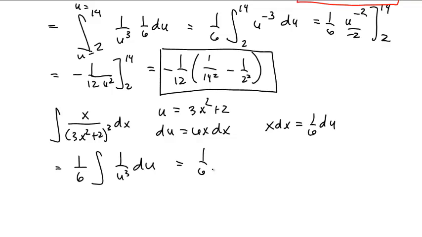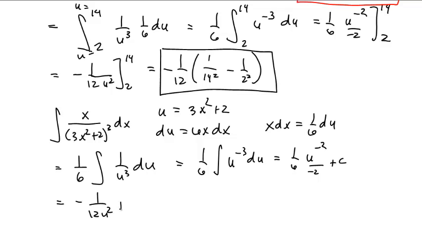So again, this is 1/6 integral of u to the minus 3 du, which is 1/6 u to the minus 2 over minus 2 plus c, which is, what is it? Negative 1 over 12 u squared plus c, which we bring back into x's, so it's negative 1/12 of 1 over (3x squared plus 2) squared plus c.